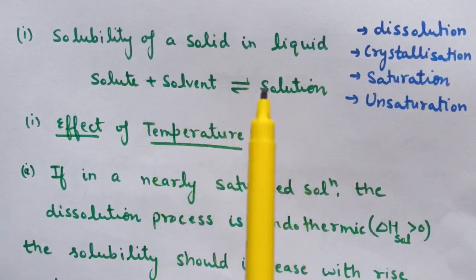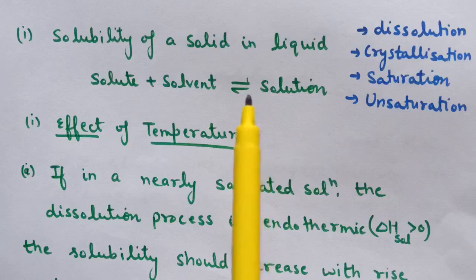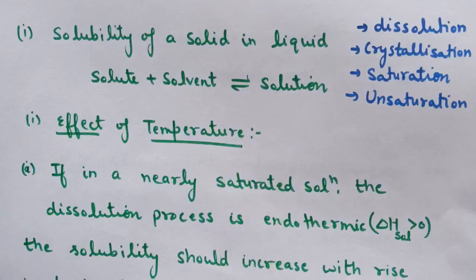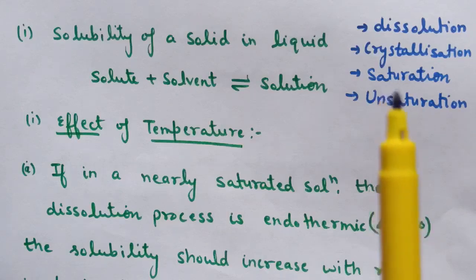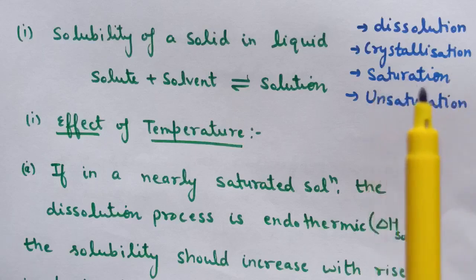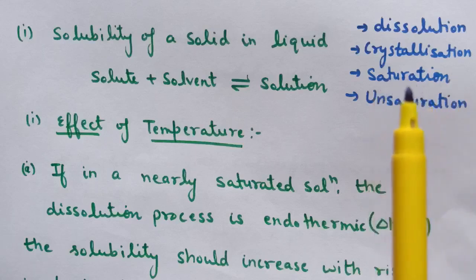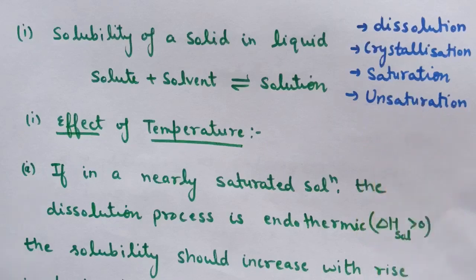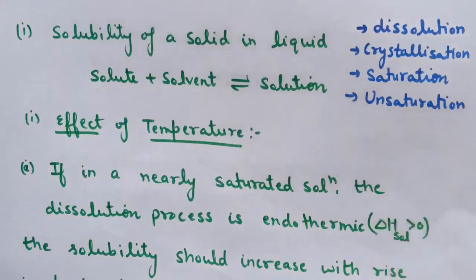Now at this stage, the concentration of solute in solution will remain constant under the given conditions of temperature and pressure. Such a solution in which no more solute can be dissolved at the temperature and pressure is called a saturated solution. And an unsaturated solution is one in which more solute can be dissolved at the same temperature and pressure.